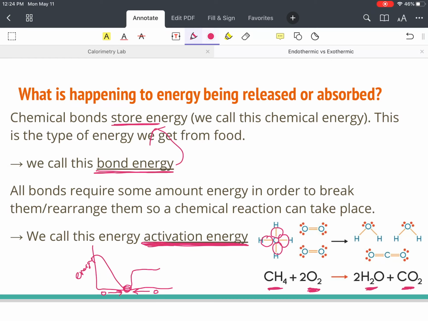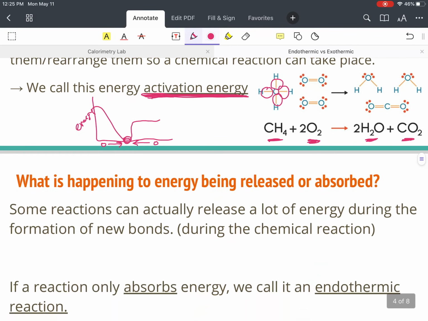Activation energy is just the energy that helps them break those initial bonds, so that a chemical reaction can actually take place and things can rearrange. If I don't have a little bit of activation energy to break that bond, then nothing is ever going to happen. There's never going to be any kind of reaction.